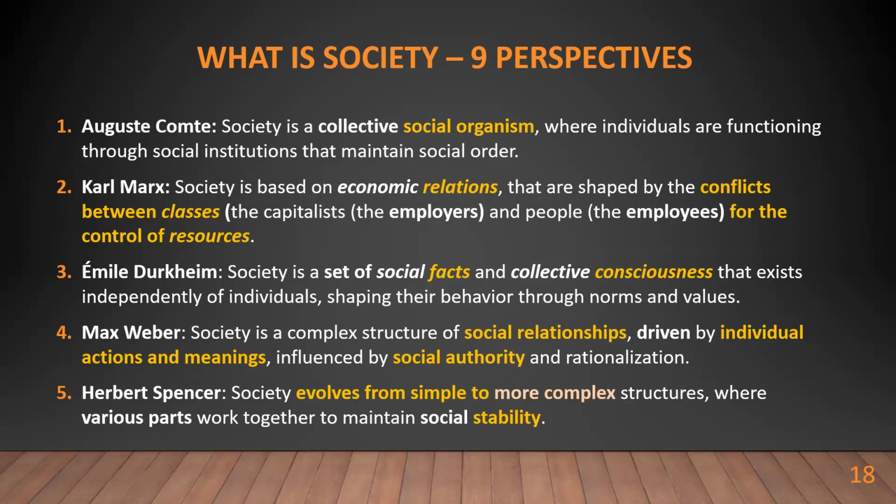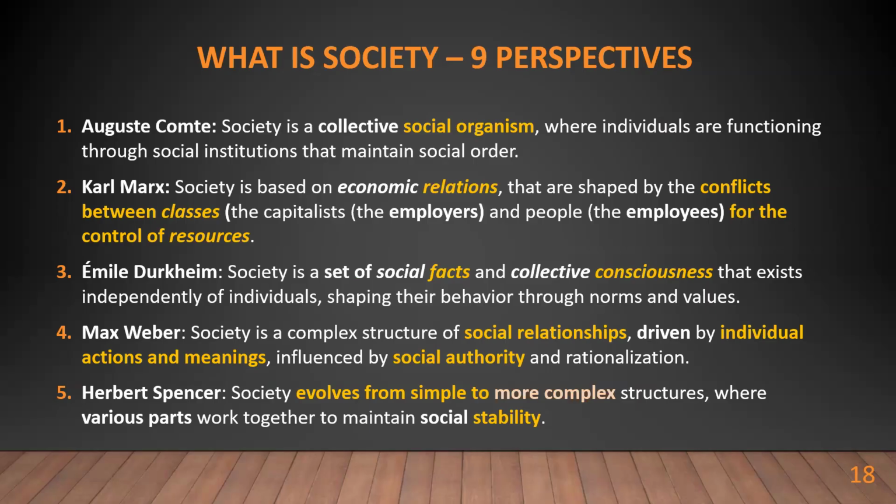Those conflicts are about the control of resources. The 2 main classes are capitalists or employers and the employees. And that rhetoric is still used up to today by both the left and the right of the political spectrum.